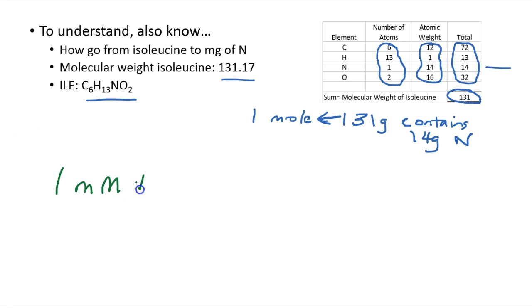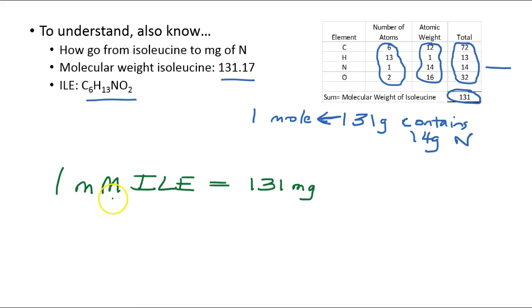Okay, so then let's say we had 1 millimolar isoleucine, and isoleucine is abbreviated ILE. That's a 3-letter abbreviation for that particular amino acid. In 1 millimolar isoleucine, that equals 131 milligrams. So 1 millimole per liter is 1 millimolar.